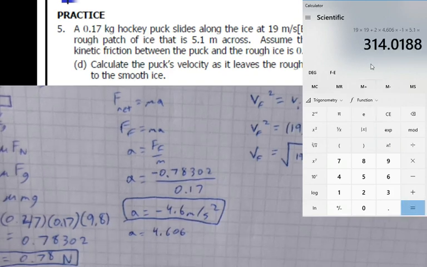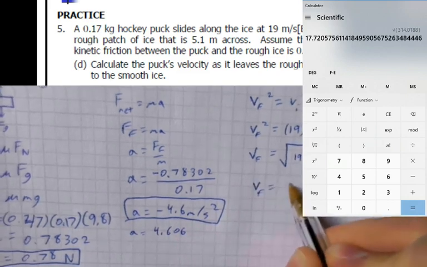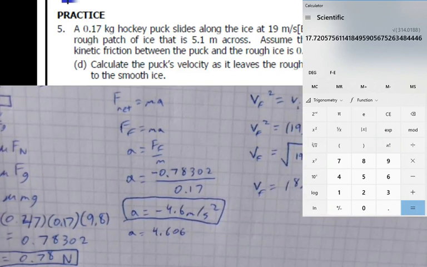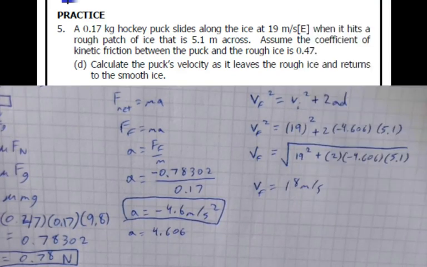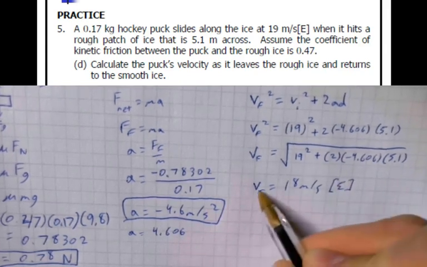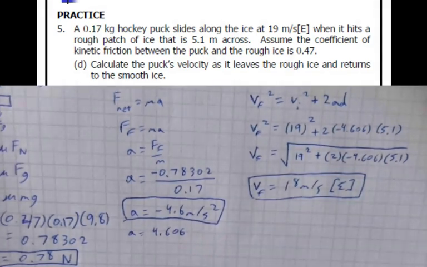That's what I have underneath my square root, and when I find the square root I get 17.7, or 18 meters per second. And that would still be going to the east. I might as well write that down. So that's how we would solve that.